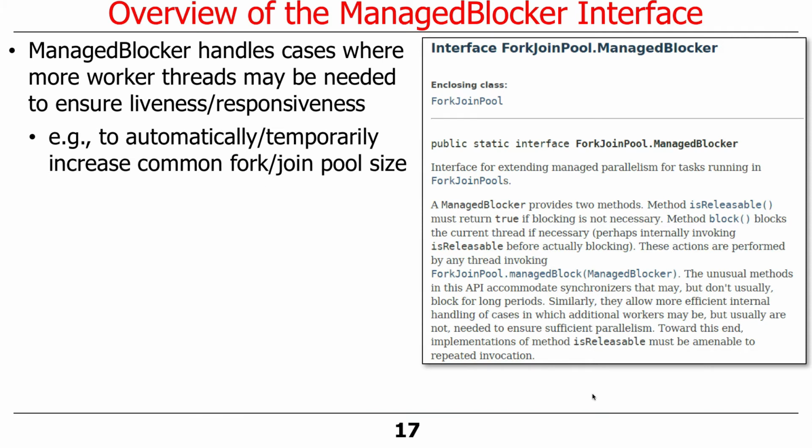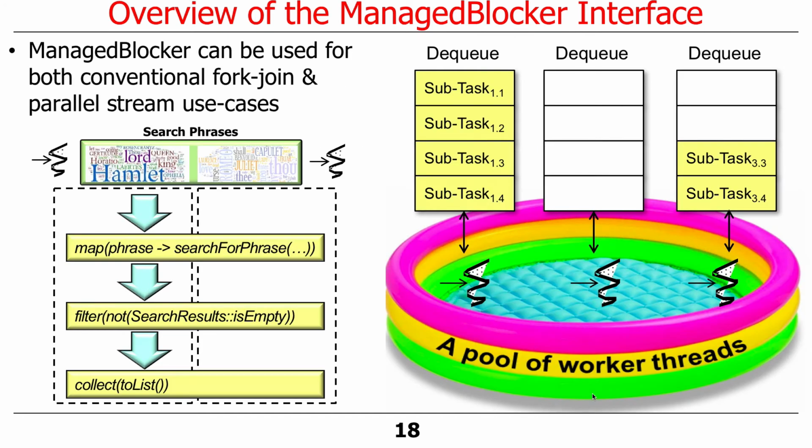So what it does is it automatically and temporarily increases the common fork join pool size. So we could use this, for example, in various places. We can use it both for the conventional fork join pool kind of stuff, as well as for parallel streams. So it works nicely either place.